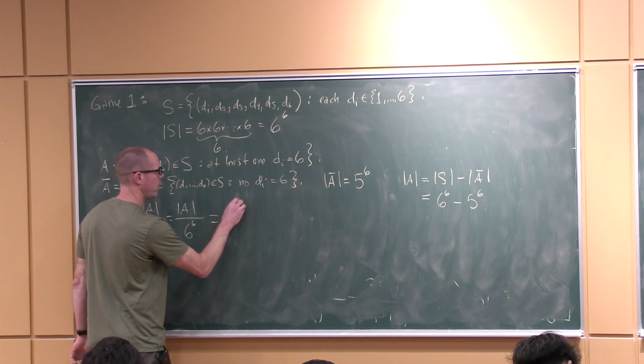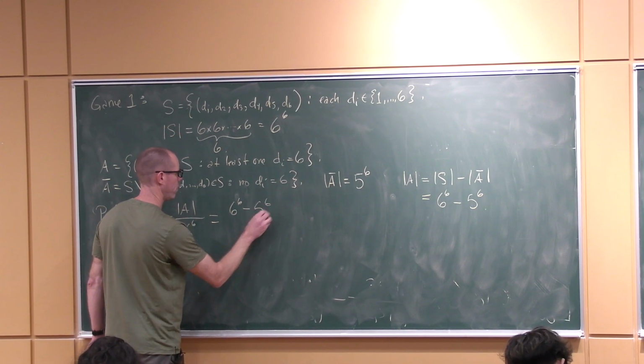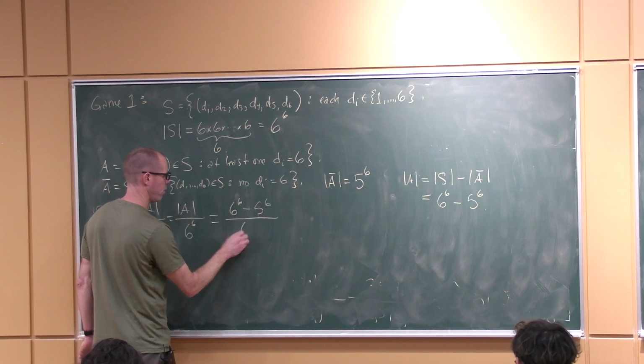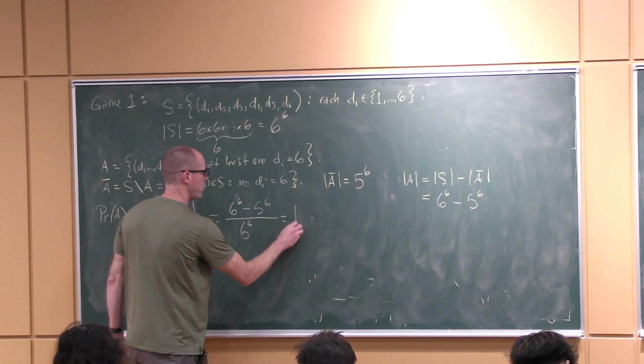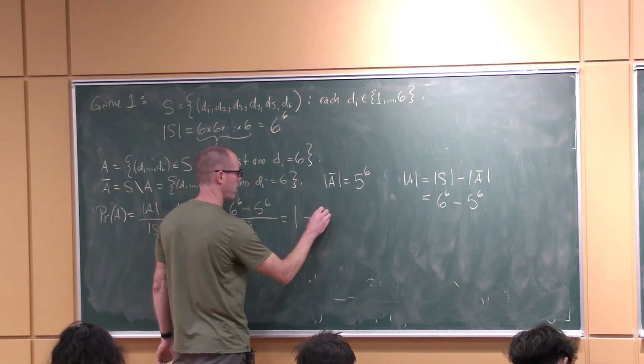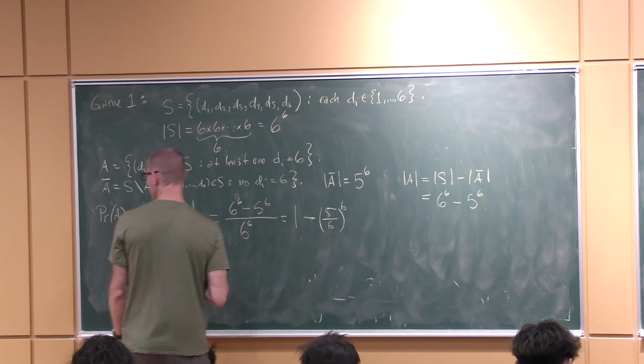So we plug that in here. And nicely, this pops up as 1 minus (5 over 6) to the 6.